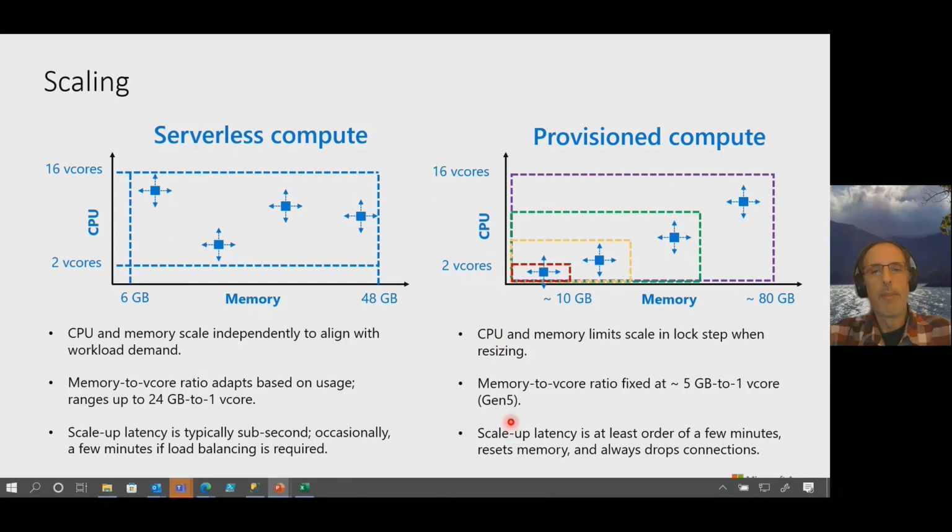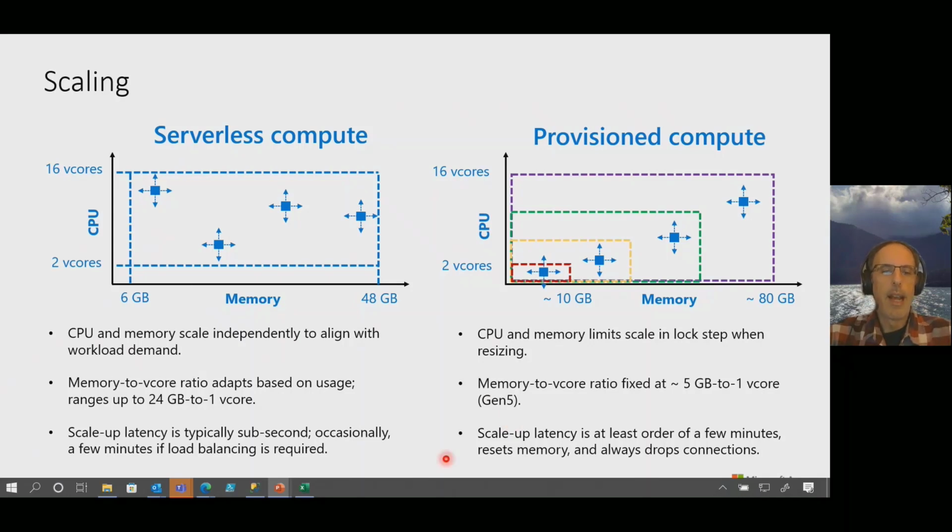That scale-up latency in provisioned compute always takes at least a few minutes. At the completion of that scaling operation, memory is reset, so representing some performance impact, and connections are always dropped, albeit rather briefly, but still representing a brief disruption in availability.